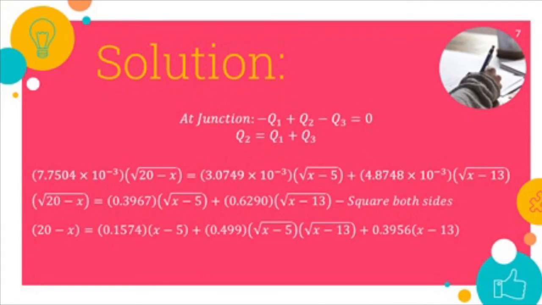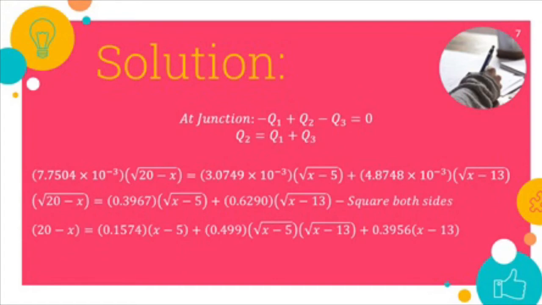Q sub 2 is equal to Q sub 1 plus Q sub 3 is the equation at the junction. So by substituting the equations we got in the previous slide, we can now find the value of X. So 7.7504 times 10 raised to negative 3 multiplied by square root of 20 minus X is equal to 3.0749 times 10 raised to negative 3 multiplied by square root of X minus 5 plus 4.8748 times 10 raised to negative 3 multiplied by square root of X minus 13.